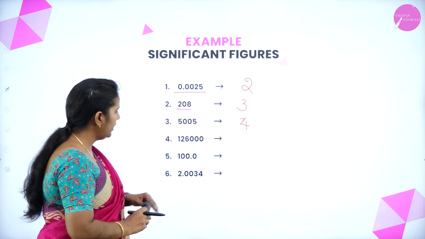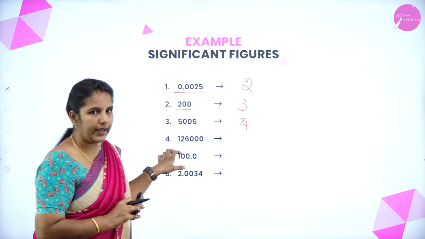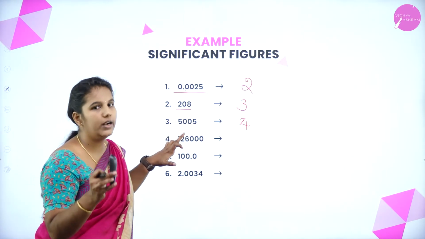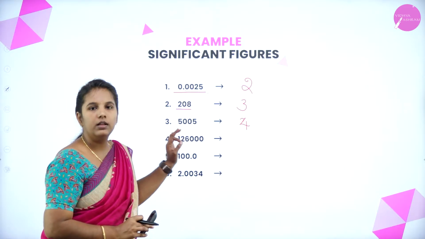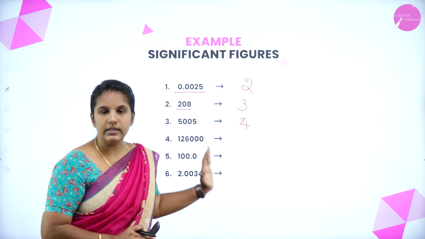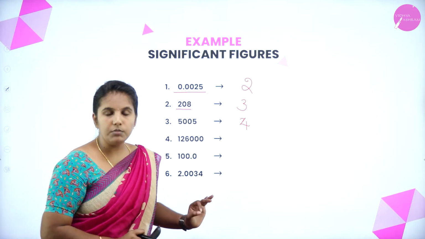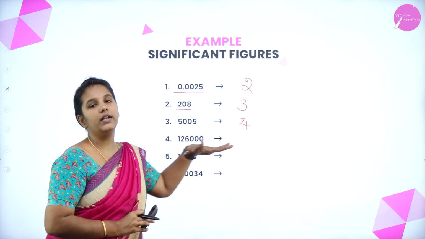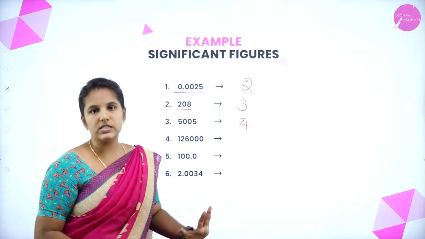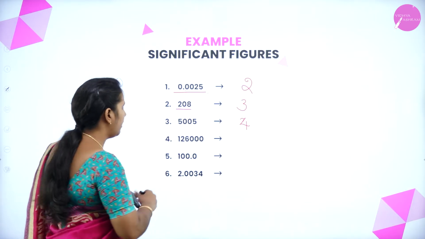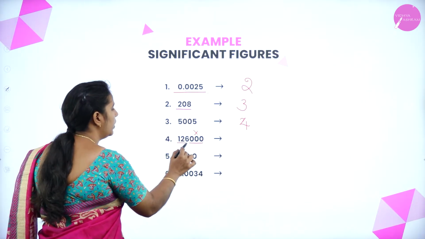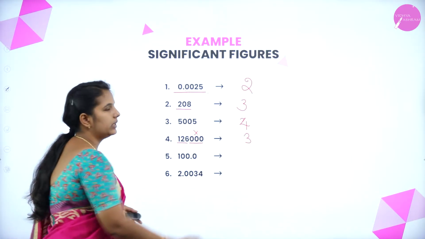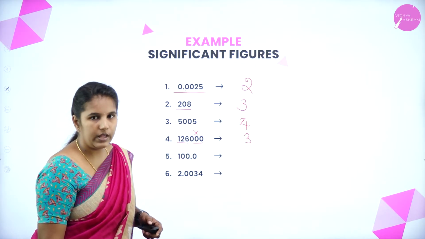Coming to the next one, you can see that rule number 4 will be applied. Here the first 3 numbers are non-zero digits. After this, there are 3 zeros. So we come to know that we can count these significant figures only when the decimal point is there. If there is no decimal point, in such cases we have to neglect the zeros and only consider the non-zero digits. So here only 3 significant figures will be there.